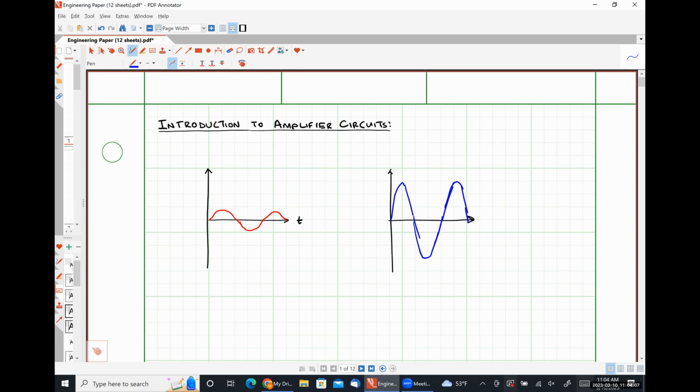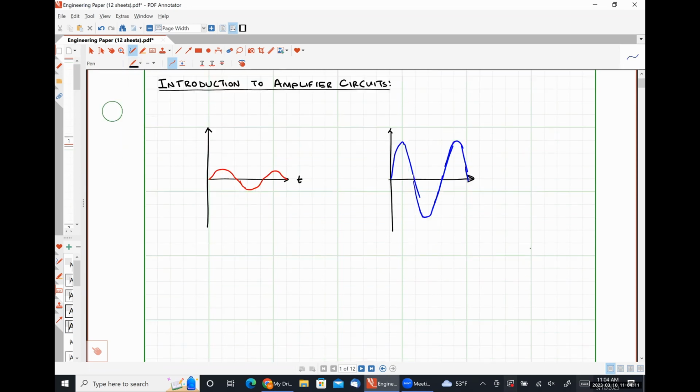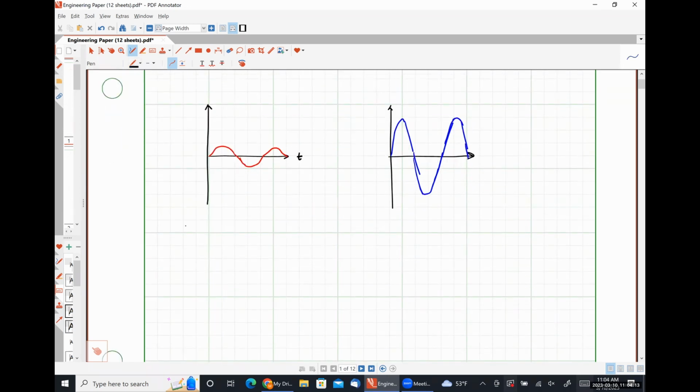There are really two ways I can do it, okay? So the first way, and the one that we're going to focus on in this class, is the use of an amplifier. But another way to achieve this would be the use of a transformer. Okay?